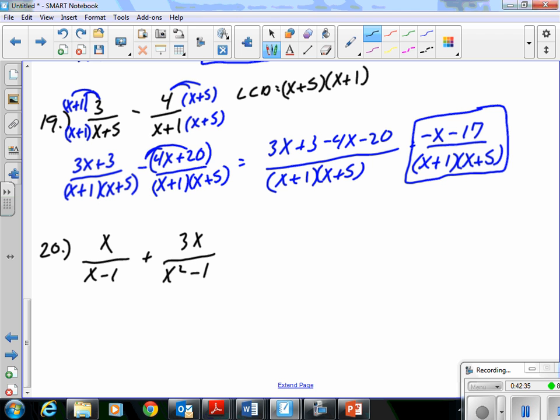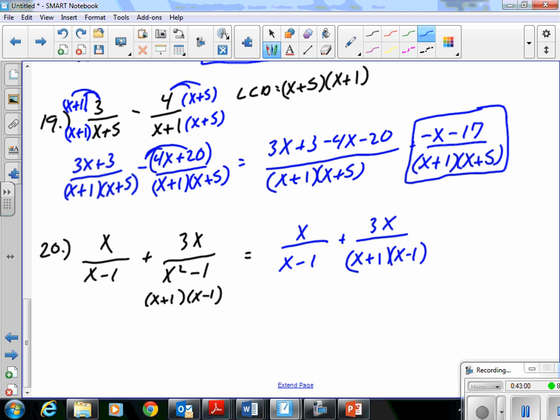X squared minus 1, though, once again, is a difference of two squares. So that's going to factor to (x plus 1)(x minus 1). So we can rewrite this as x over x minus 1 plus 3x over (x plus 1)(x minus 1). So (x plus 1)(x minus 1) is going to be our least common denominator.